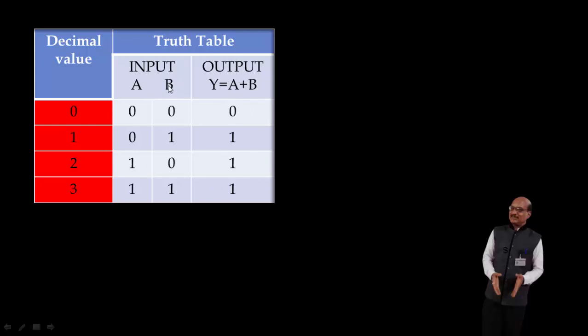Here I have written the truth table for OR gate, and therefore we are getting this type of output.